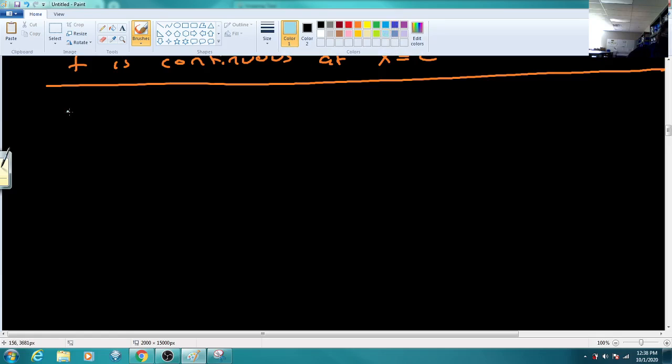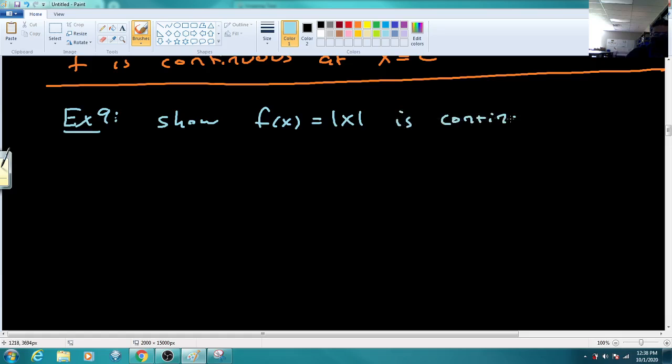So this is example 9. We want to show that f of x equals absolute value of x is continuous but not differentiable at x equals 0.